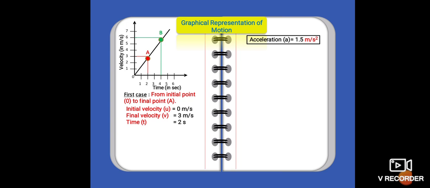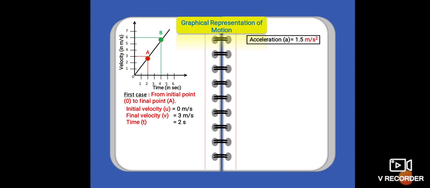0 से A तक के लिए अगर हम बात करते हैं तो initial velocity at point 0 is 0. And 0 is the initial velocity. What about point A? That is the final velocity. And what is final velocity at point A? That is 3 meter per second. And time taken?